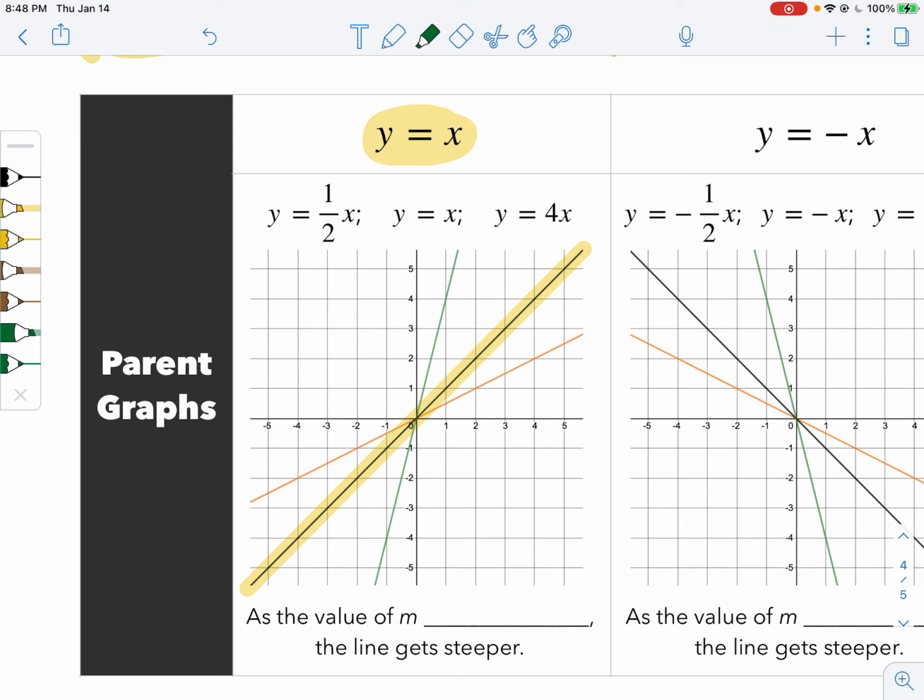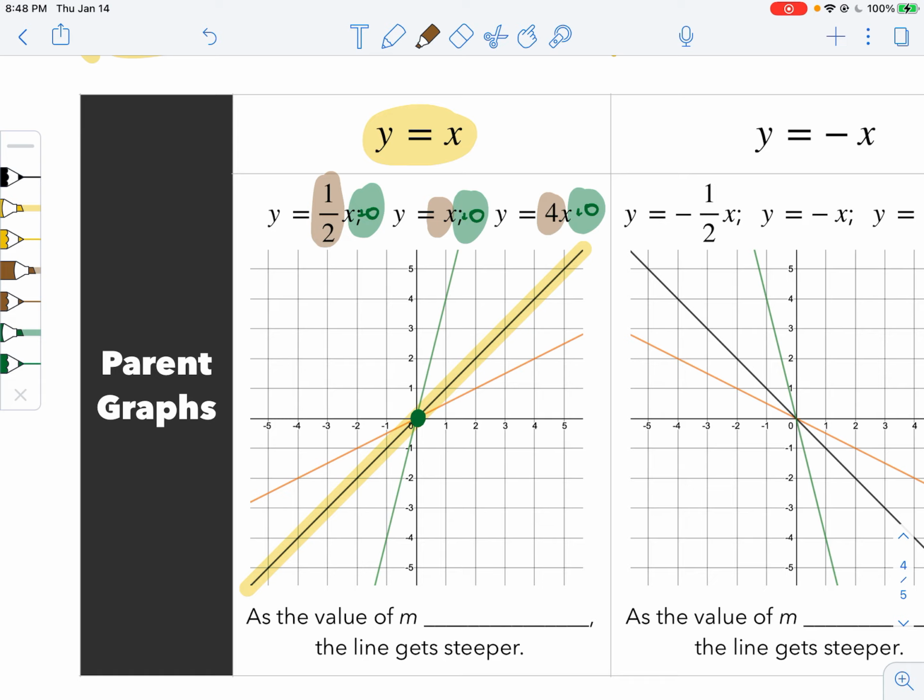Let's look at why it has a family. This is a family because they have the same y-intercept, which is 0. They all intersect at y equals 0. But they're different because they have different slopes. Since this one is the most basic, it has a slope of 1. This allows us to see what happens as the graph changes.